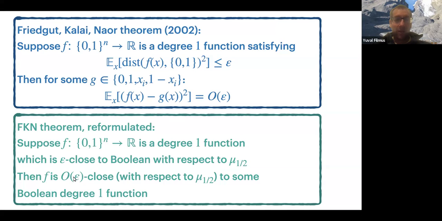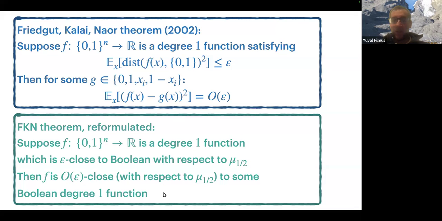Then f is order epsilon close, with respect to the same measure, to some Boolean degree 1 function. So the only way to be an almost Boolean degree 1 function is if you're almost a Boolean degree 1 function. This is one way to think about it; where you put the parentheses doesn't matter, it's the same thing.